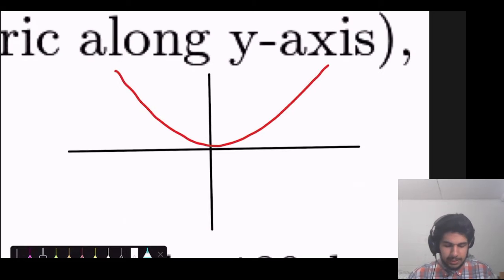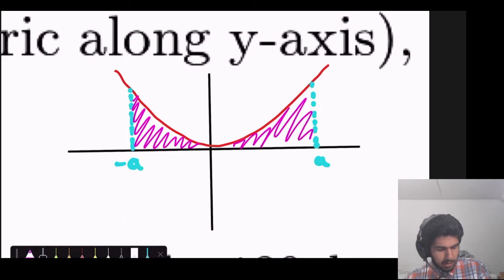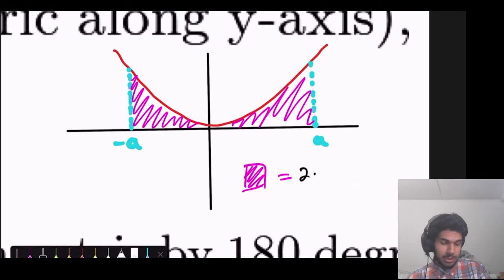So this property is saying if we start our integral at some point here, which we call negative a, and we go up to a, so we're trying to find this pink region, then pink is equal to 2 times the integral from 0 to a.